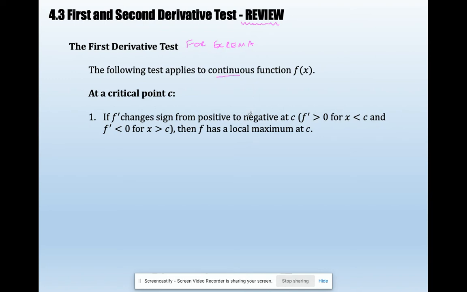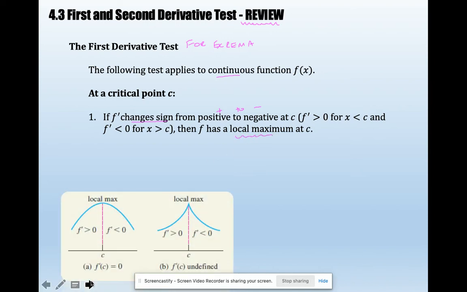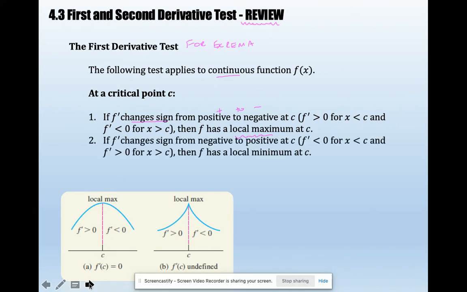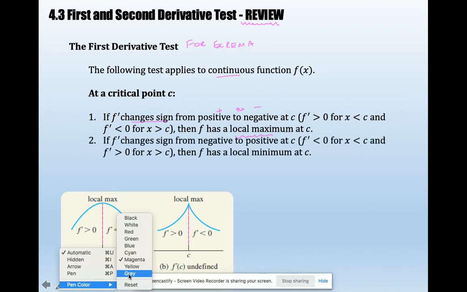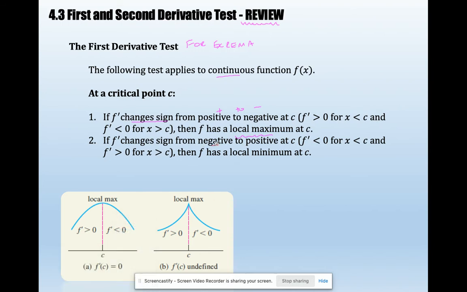If I have a continuous function f of x, if f prime changes sign from positive to negative, then I have a local max. If f prime changes from negative to positive, then I have a local min.